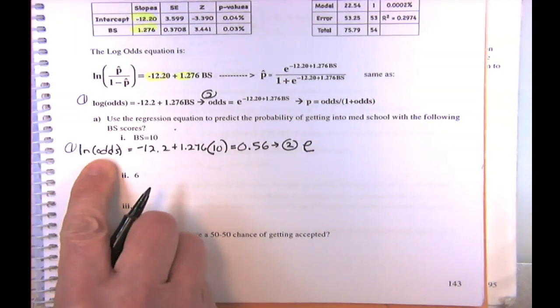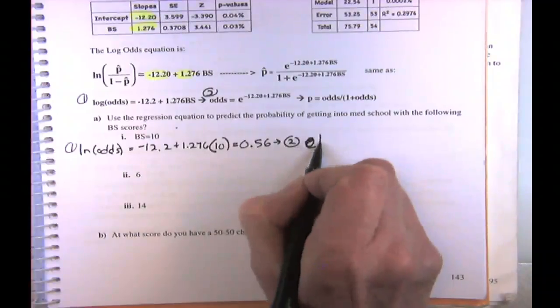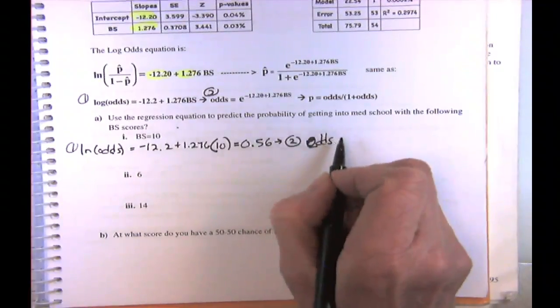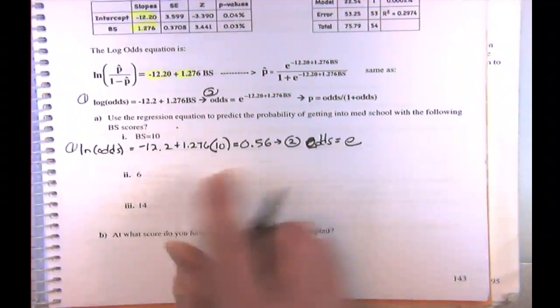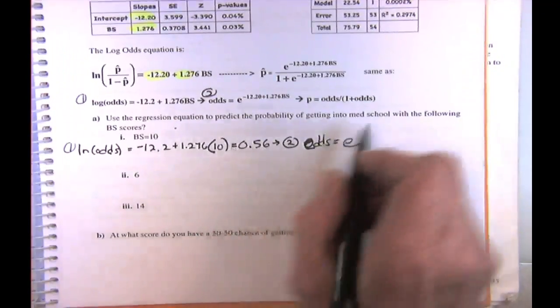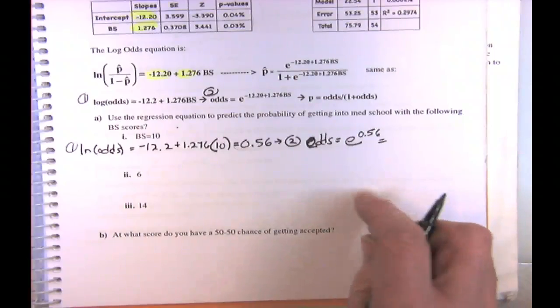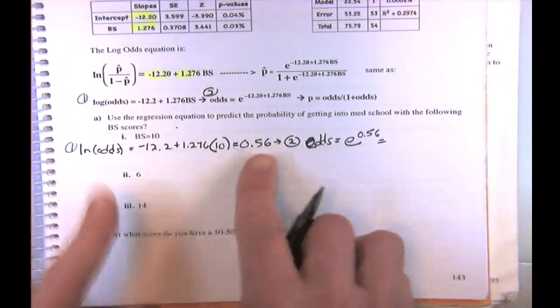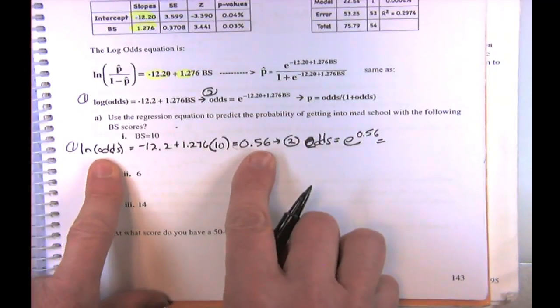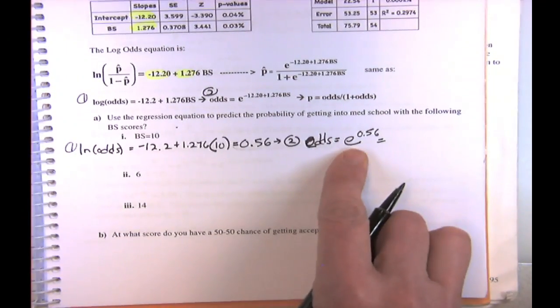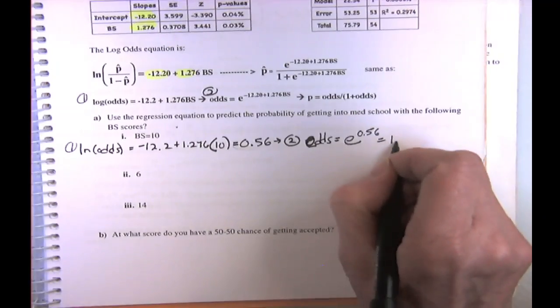That will give me the odds equal to e to that. I'm just exponentiating both sides. All right? So I get odds equals e to the 0.56, which is 1.75.